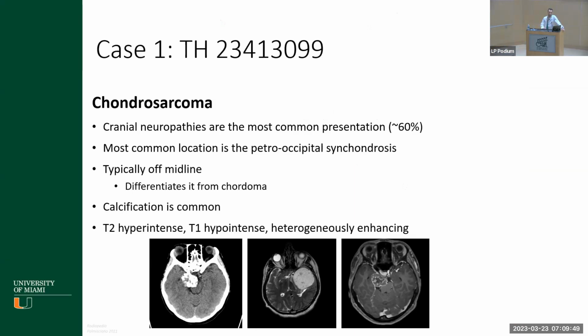So chondrosarcoma, the tumor that we described here, is pretty classic in presentation, commonly presents with cranial neuropathies, and is often located off midline, which is helpful to differentiate it from chordoma. In terms of MRI characteristics, as we saw in this patient, it is T2 hyperintense, has heterogeneous, mottled enhancement on the contrast-enhanced scans, and there's often calcification.